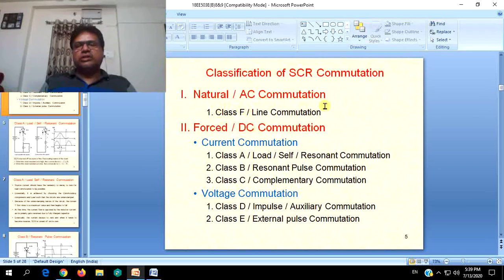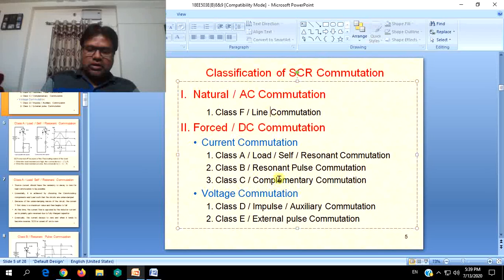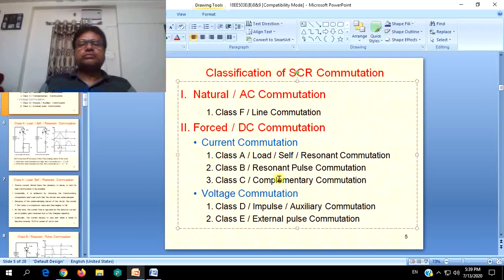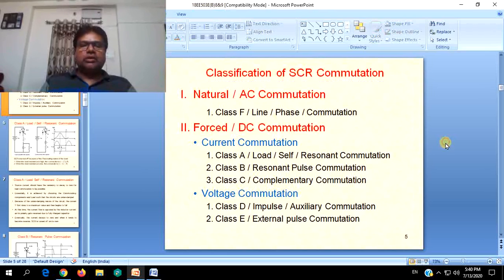Next, natural commutation, or class F or line commutation, is the only commutation which can be used for AC commutation, where you can control the turn on, and it automatically gets turned off because of the opposite cycle of voltage appearing across the given SCR.